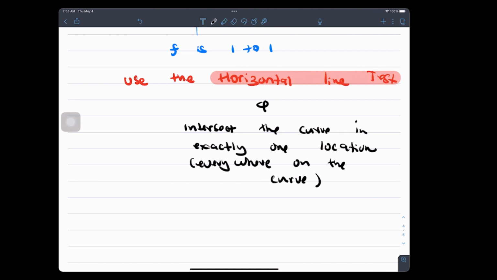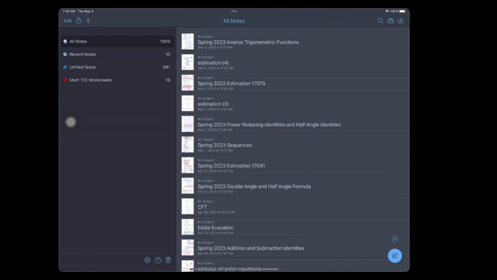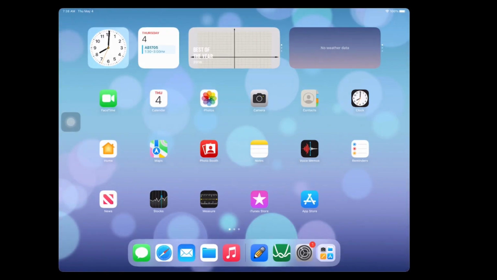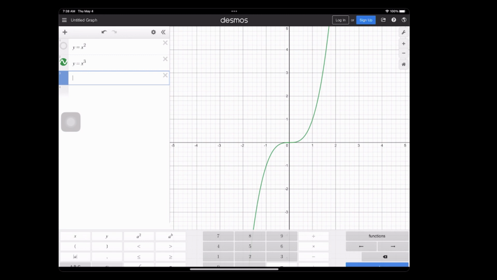Okay, everywhere on the curve here. So if I go back to Desmos now, here's going to be my horizontal line.